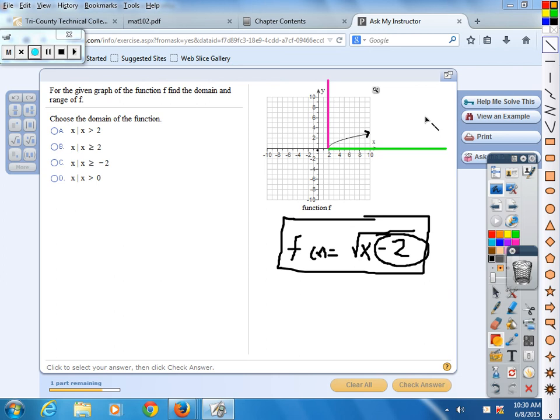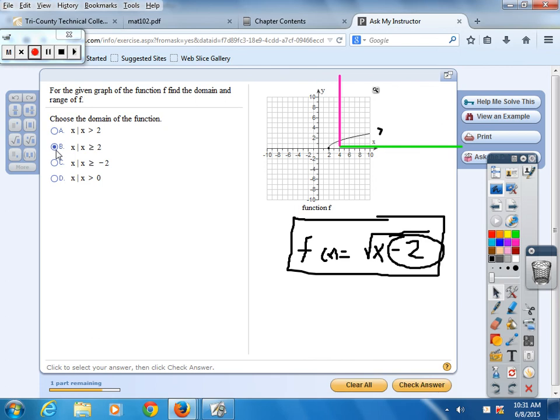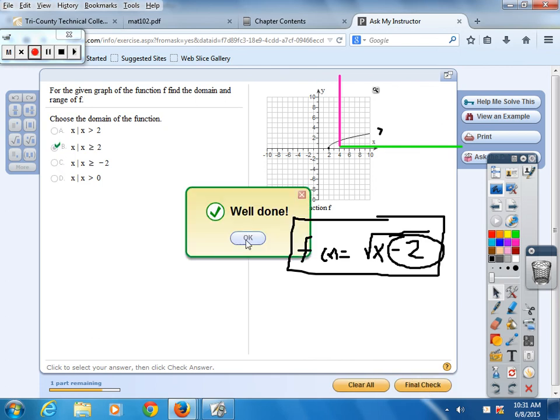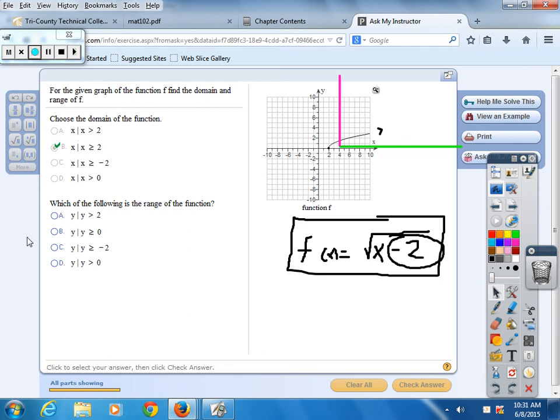If there is no indication of a circle, whether closed or open, it is assumed that it is an arrowhead. And that means your domain is going to be from 2 to infinity, and your range is going to be from 0 to infinity. And you feel good about yourself. Okay.